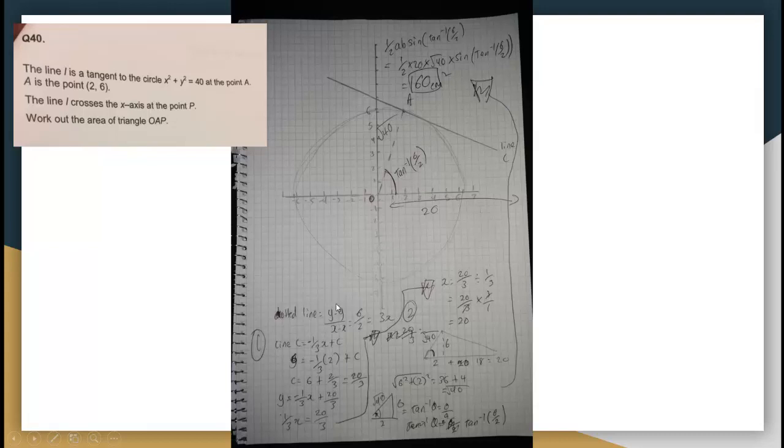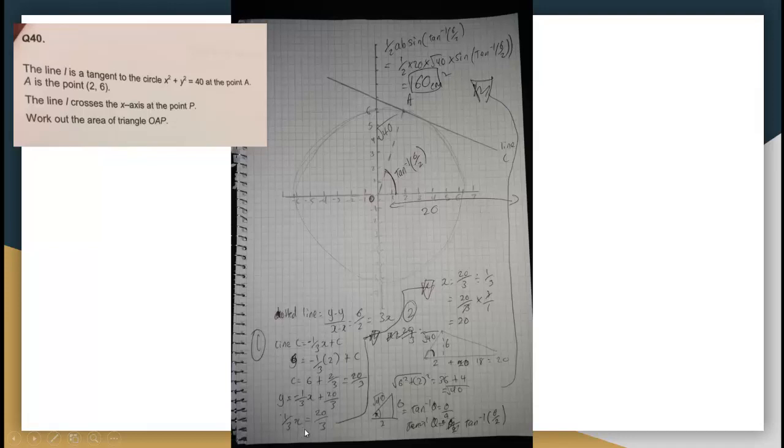So I use the formula y minus y over x minus x, which equates to 6 over 2, which gives 3x, and we know that to work out line L it would be the negative reciprocal, so we get line L equals minus 1 over 3 x plus c, and then I know that we could substitute in 2 and the 6 into our formula to find what c is. So we get y equals minus 1/3 x plus 20 over 3.